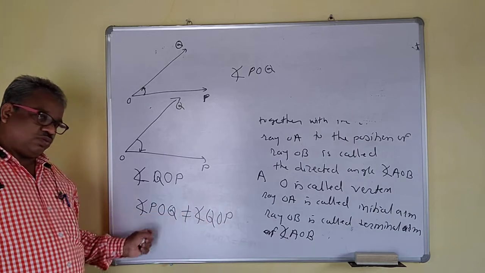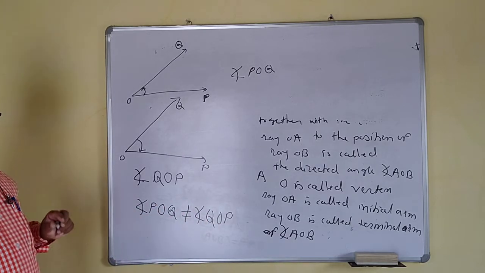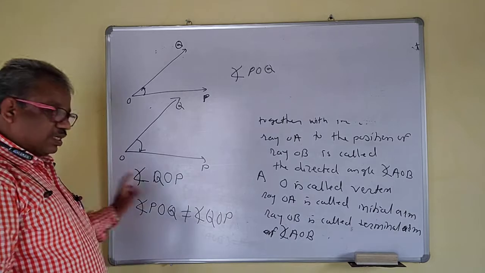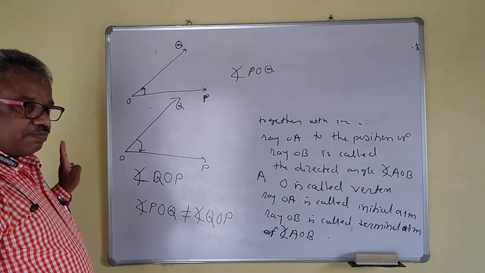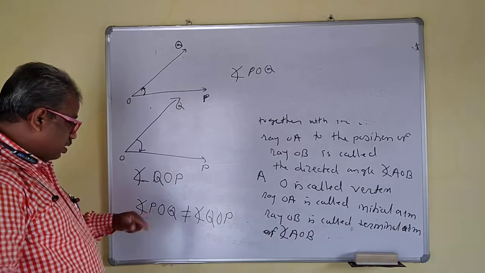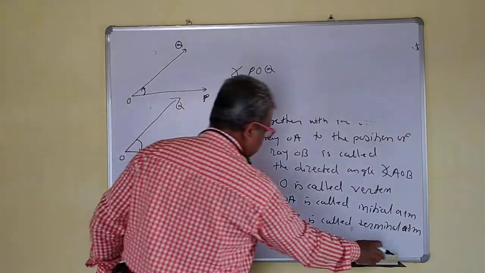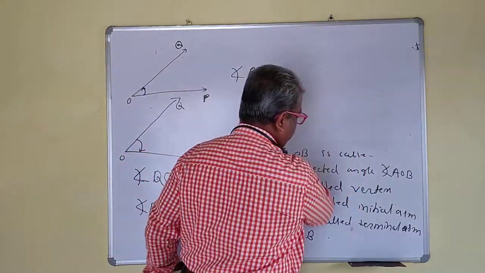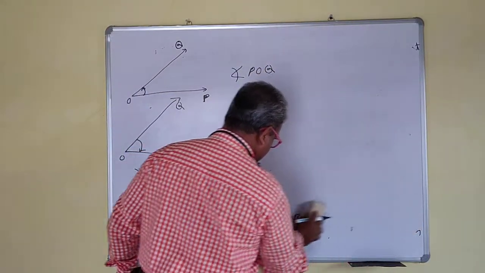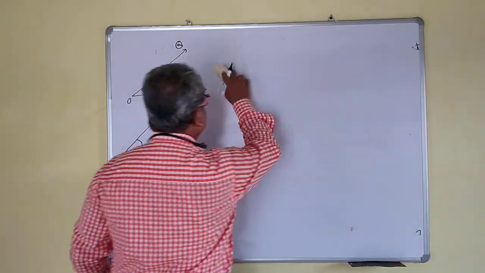So those two are not the same. If you change the direction, the directed angle will not be the same. Their measurement may be the same, but that we will see later on. So how to measure the directed angles from clockwise direction or anti-clockwise direction.